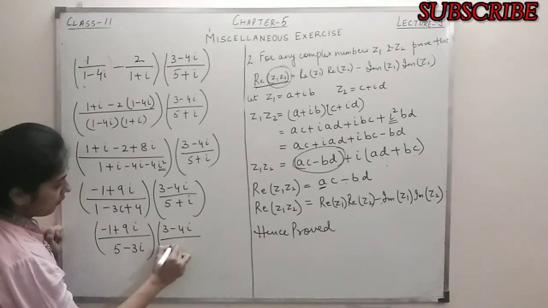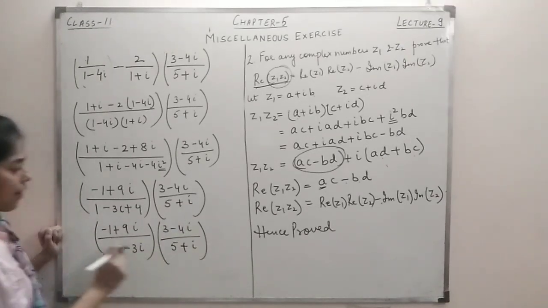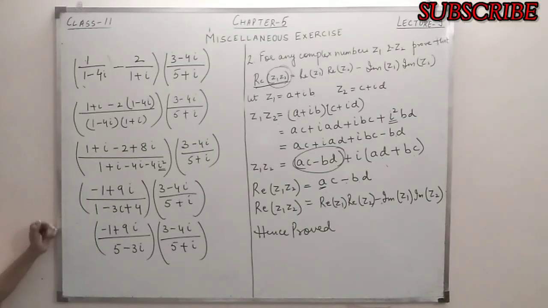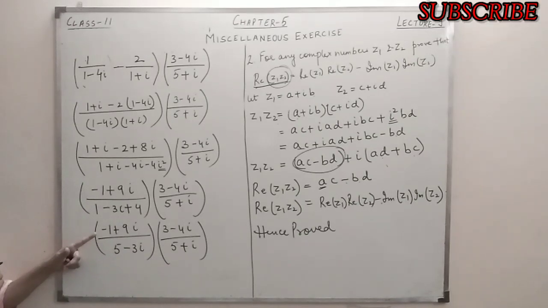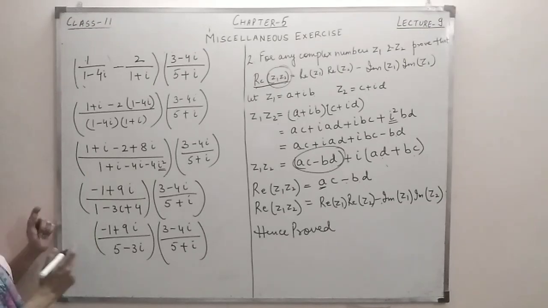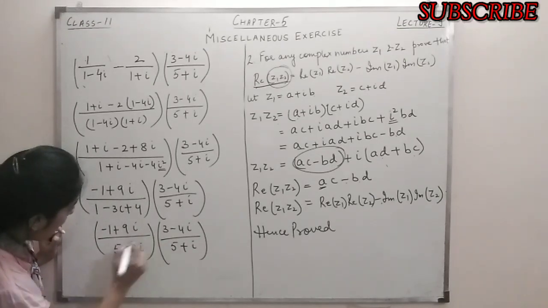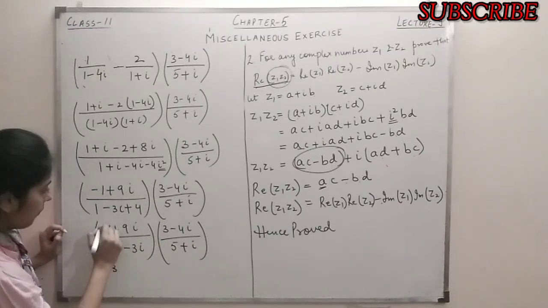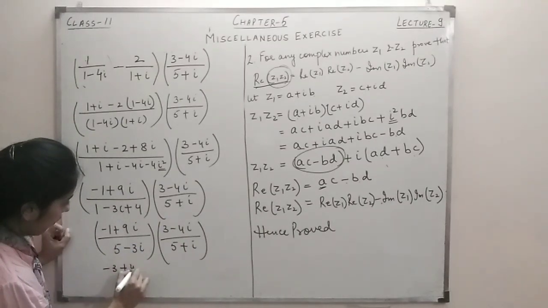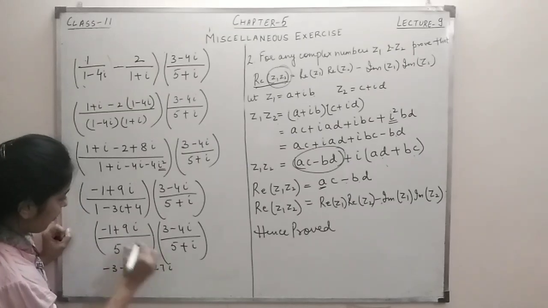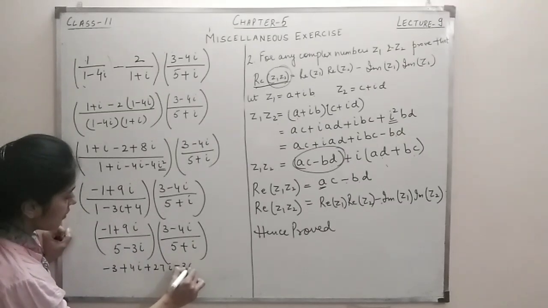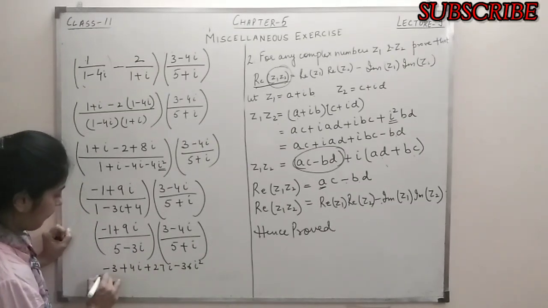Right? Now the first bracket is simplified. Now what we do? We'll multiply both. We'll multiply this, that is minus 1 plus 9i into 3 minus 4i. So multiply it. That is what? Minus 1 into 3, that is minus 3, plus 4i, 9 into 3, that is 27i, that is minus 36i square.